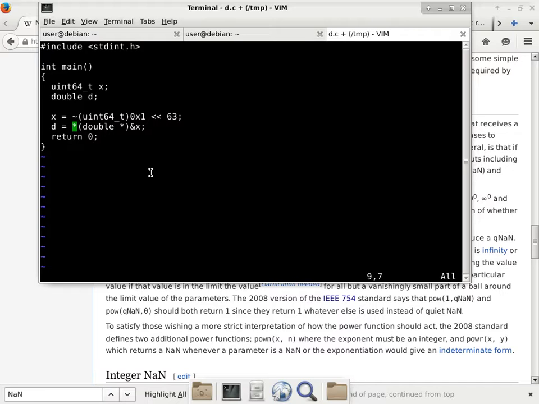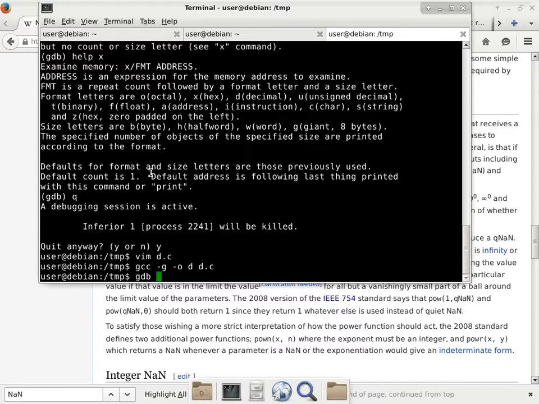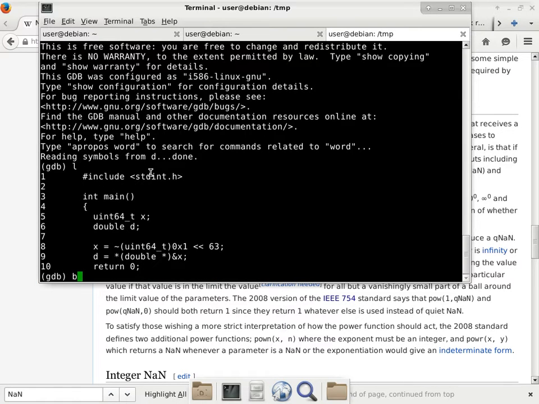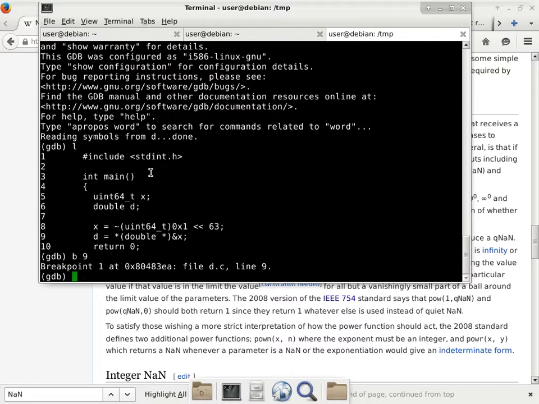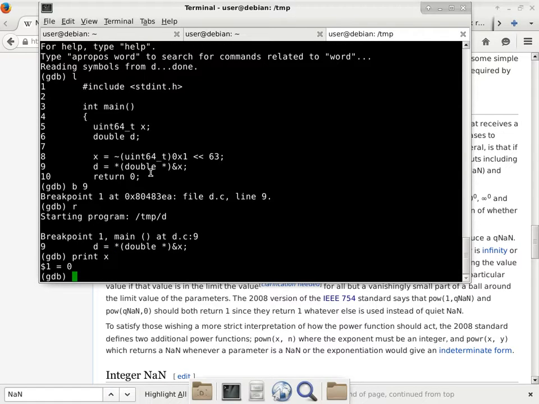So now we want to take a look at this program and see what happens when we run it, and we will do it in GDB too. So, gcc -O0 -g over here, d.c, gdb d. We'll put a breakpoint on line 10. Well, we'll put a breakpoint on line 9 first. Okay, run the program, and we print out x, and x is all zeros. I did something wrong.